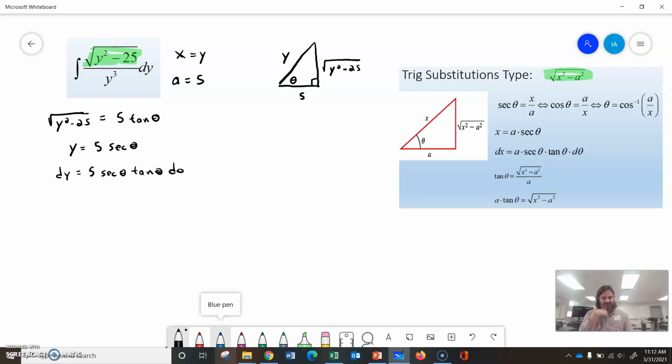So let's make some of our substitutions here. Let's take it over to thetas. Get out of these y's. So our fraction, up top we'll replace the square root with 5 tangent of theta. So let me just kind of keep my colors going here.